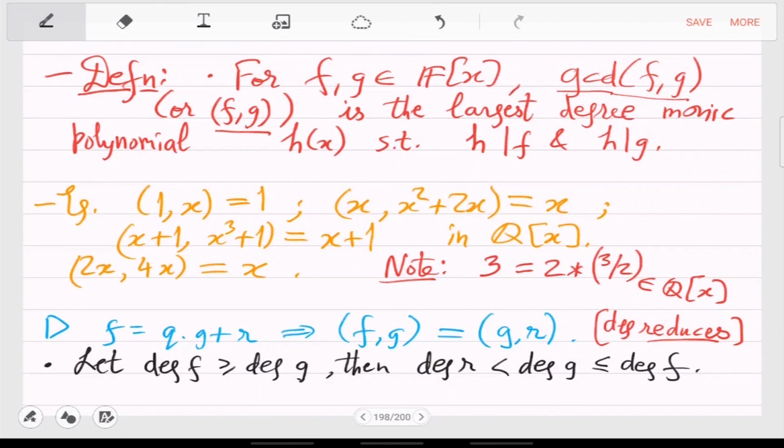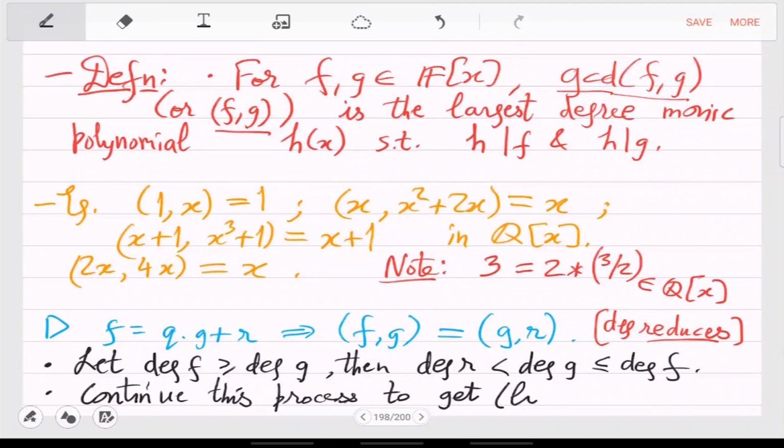So from (f, g) you move to (g, r), which is a smaller instance, and then continue this process, like Euclid.